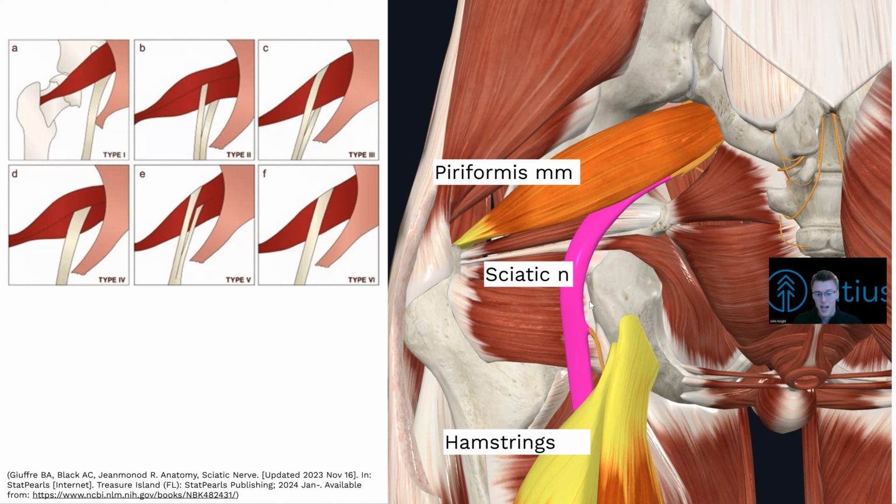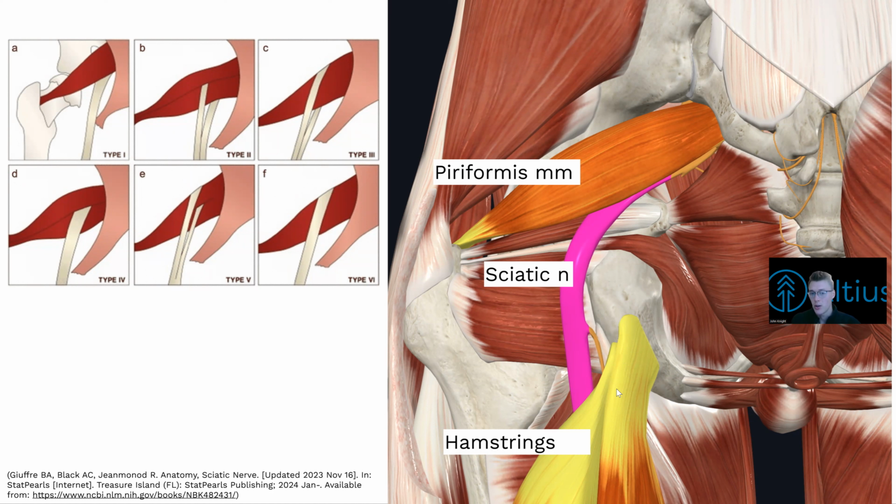Okay. The other thing that I had talked about was hamstring tendinopathy. Because that sciatic nerve runs right next to the hamstrings, specifically the insertion here at the ischial tuberosity, oftentimes these can be confused. So again, this is up to your provider to rule in or rule out if this is more of a hamstring tendinopathy or if it's a sciatic nerve problem.